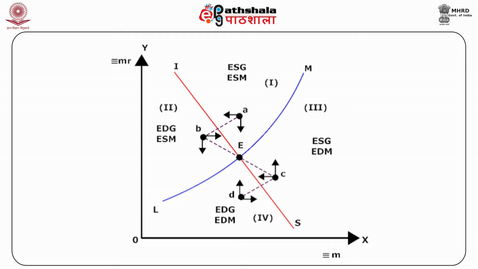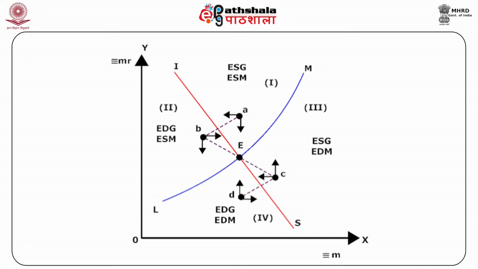The way to understand this is that the IS function is with respect to the goods market, and the goods market is being measured on the x-axis. Therefore, the arrow would always be parallel to the x-axis, that is, we would talk of contraction or expansion of the income level, and therefore it is horizontal.